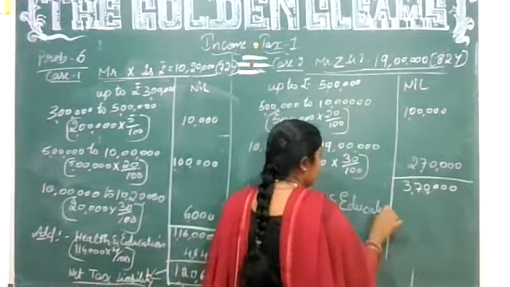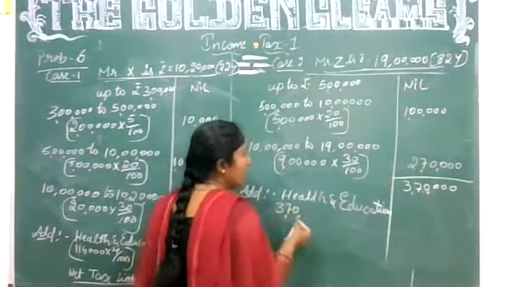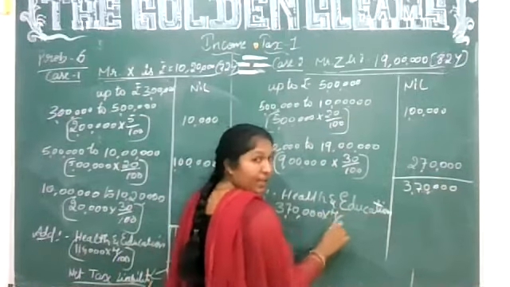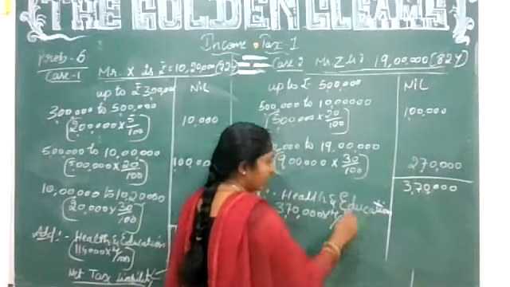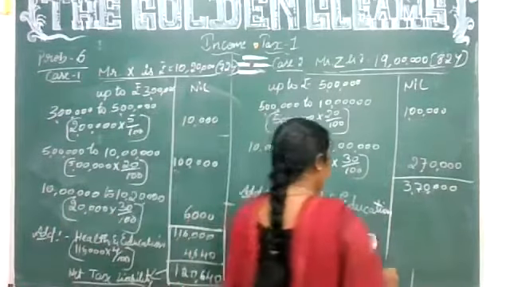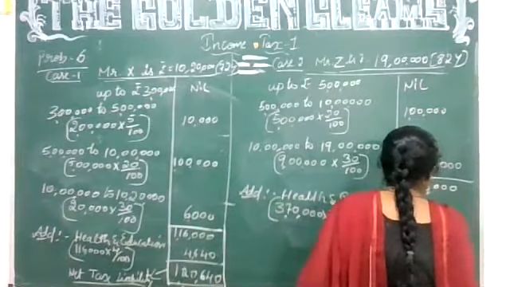Next, we're going to add a health and education cess. That is 4%. The total income amount 3,70,000 into 4 divided by 100. The answer is 14,800.